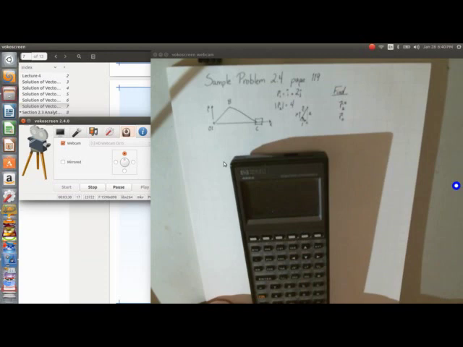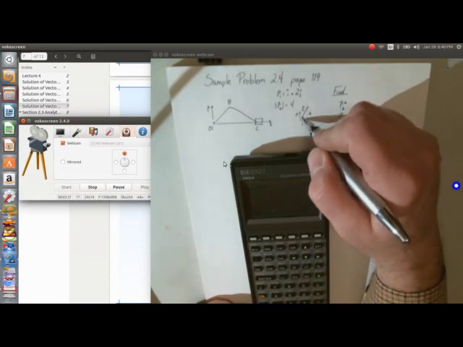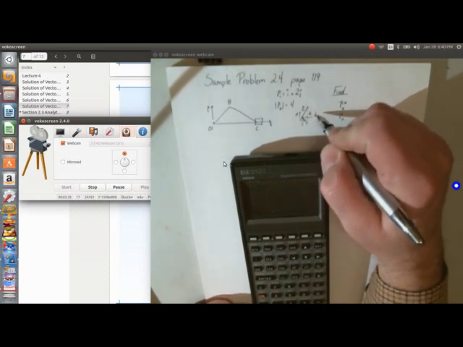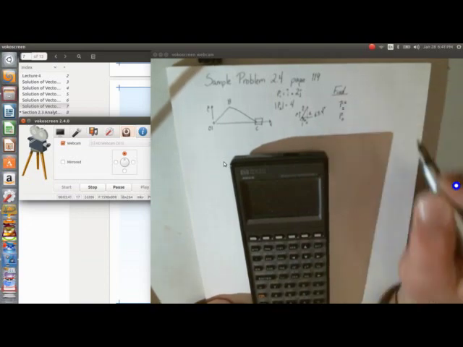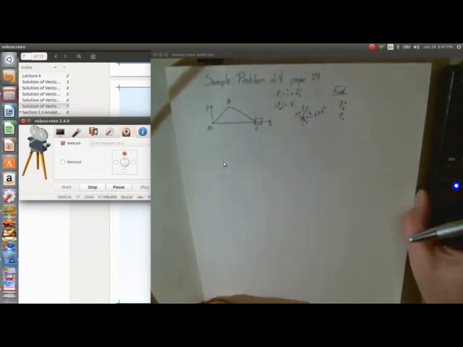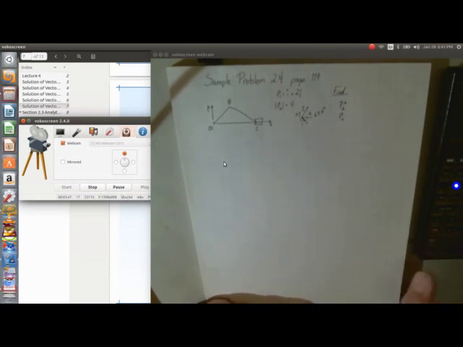Therefore, the inverse tangent of 2 tells me that this angle is 63.4 degrees. Now I feel better. I've done something easy and simple, and that gives me some more system feeling.